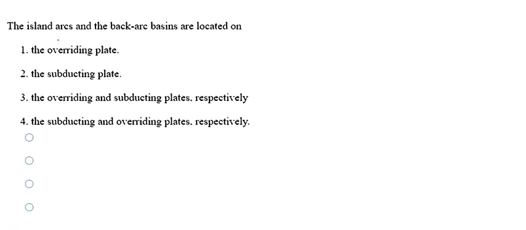So now if we look at this question, the island arc and the back arc basins are located on... We have to tell on which plate setting these two things are occurring. So both the things are related with the subduction zone.